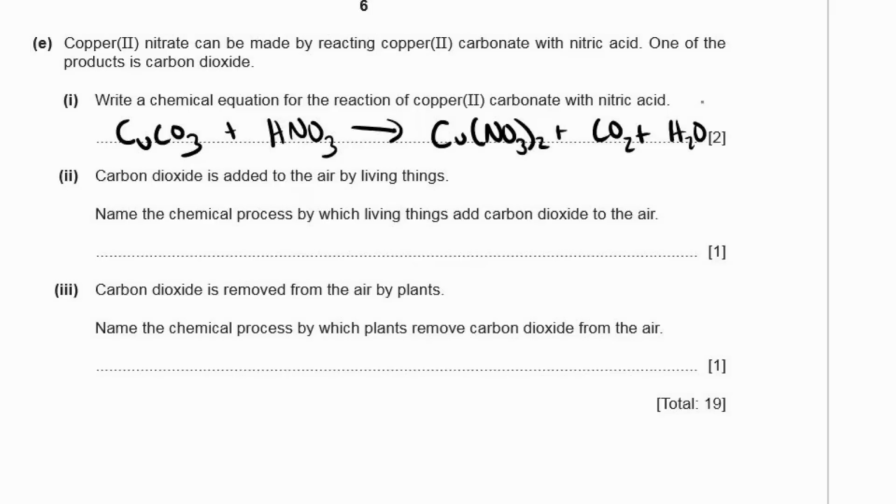All right, so whenever I try and balance these, I always look at the ones that only come up once. So copper and nitrogen. Copper, there's 1 here, 1 here. That sounds good. Carbon, 1 here, 1 here. That sounds good. But nitrogen, there's 1 here and 2 here, which means we'll probably need 2 there. Okay, so now we have 2 H's here and 2 H's here.